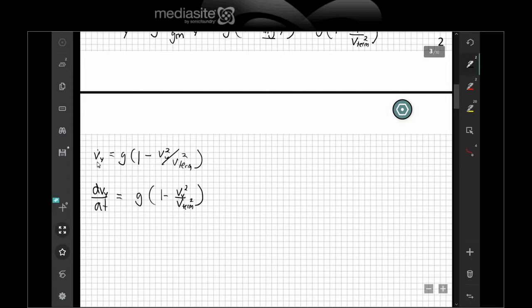I'm going to divide by that term, and get all the v's on one side and all the t's on the other side. So I'm going to get g dt equals dVy over 1 minus Vy squared over V term squared.